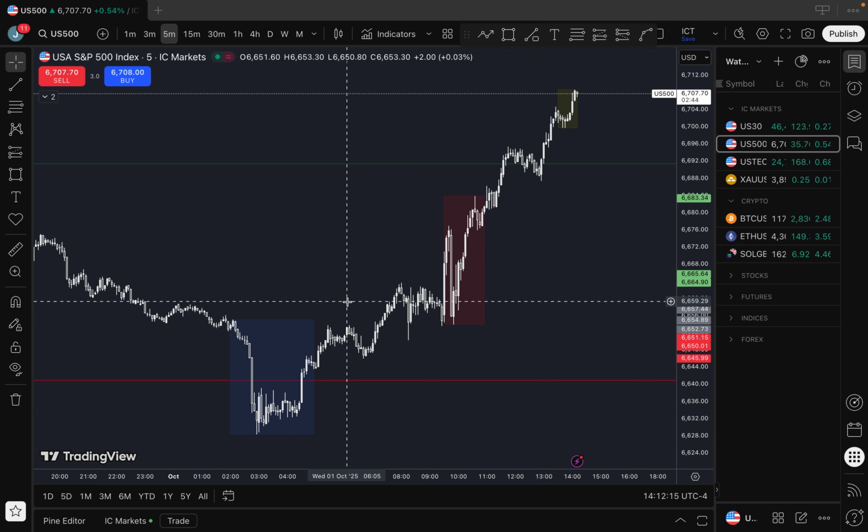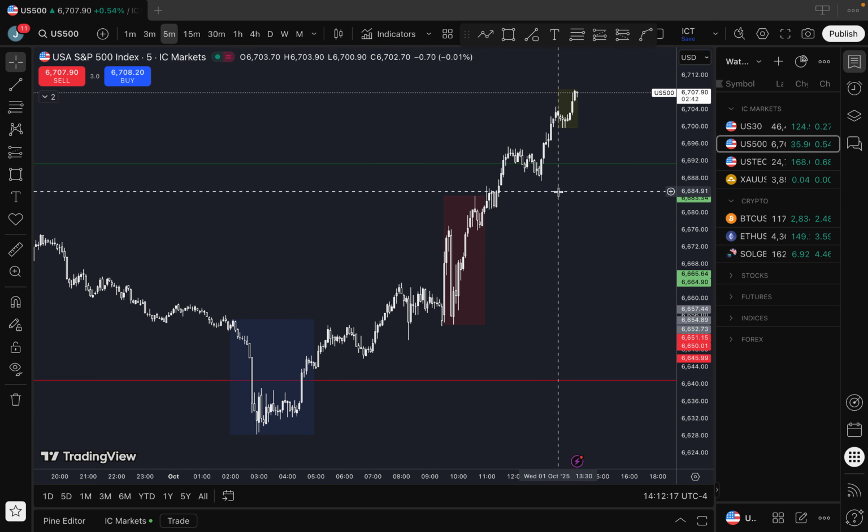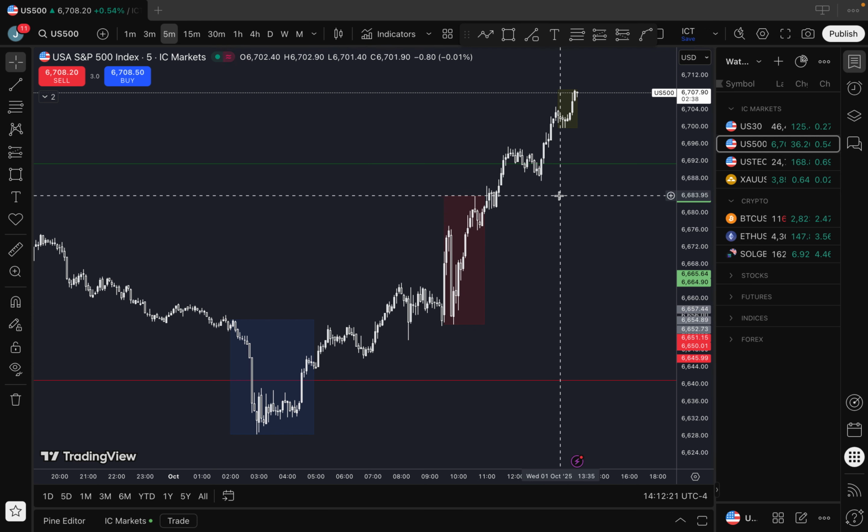But due to position sizing, we are about minus £20-something. Let me just double check that. 253, and the current week P&L is minus £22.89. So it was an expensive lesson.